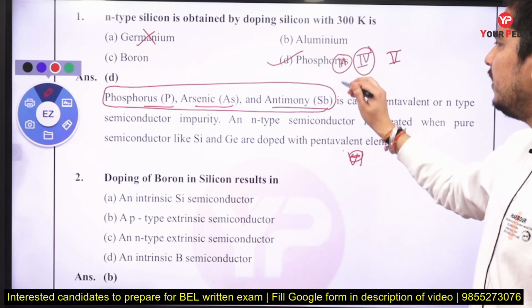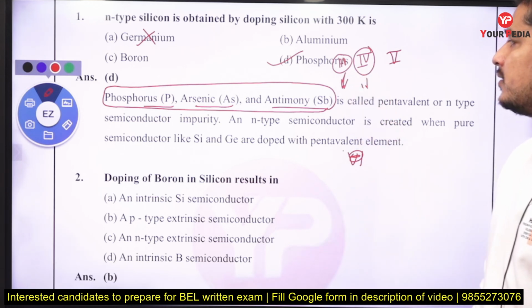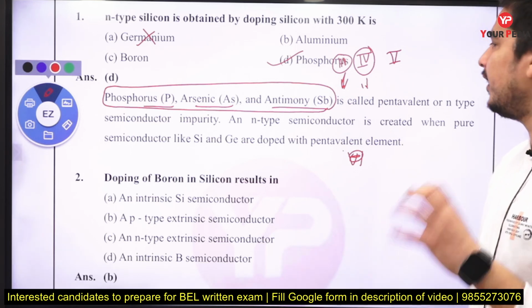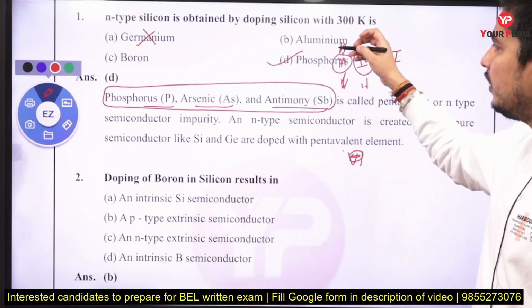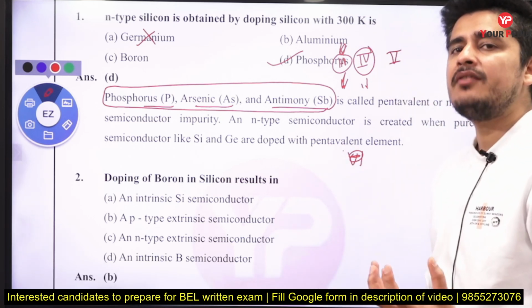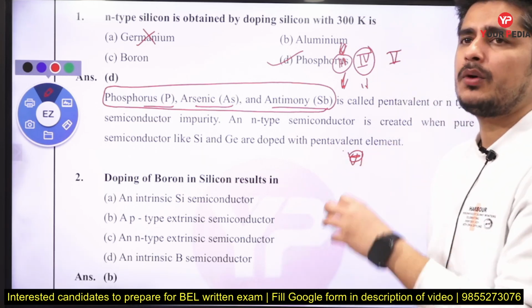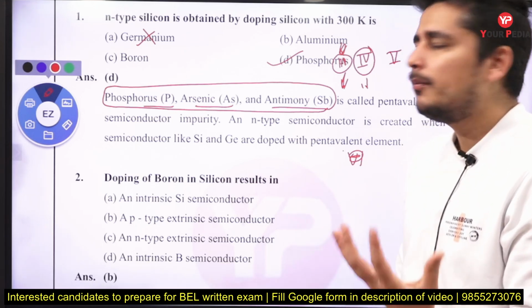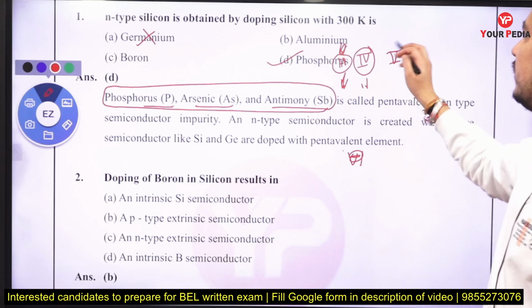Now the third group elements are generally aluminium and boron. Third group elements have 3 electrons in the outermost shell, so they are called trivalent impurities. When you introduce a trivalent impurity, it makes the semiconductor p-type.